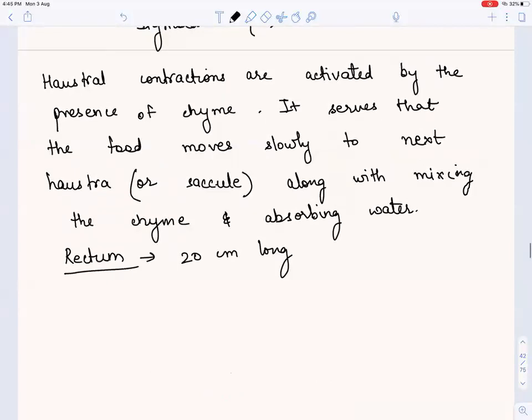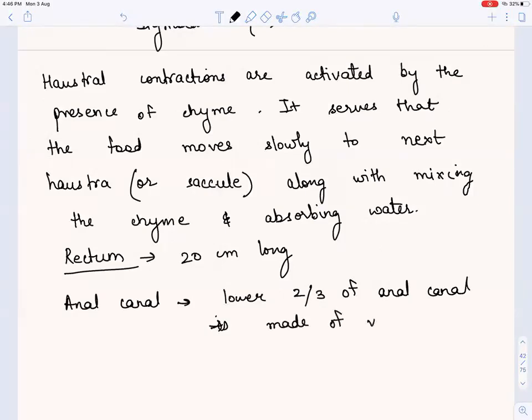So I was telling about the rectum. The rectum is around 20 centimeters long. And now the anal canal. One thing to remember in the anal canal is that the lower two-thirds of the anal canal is made up of voluntary muscle.